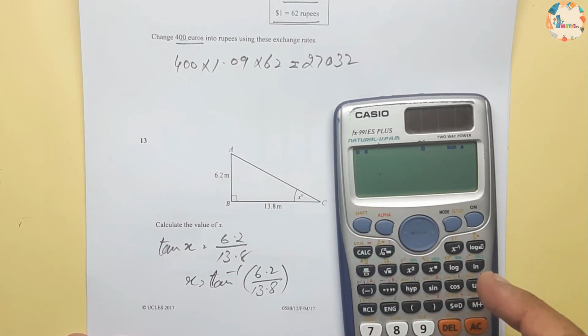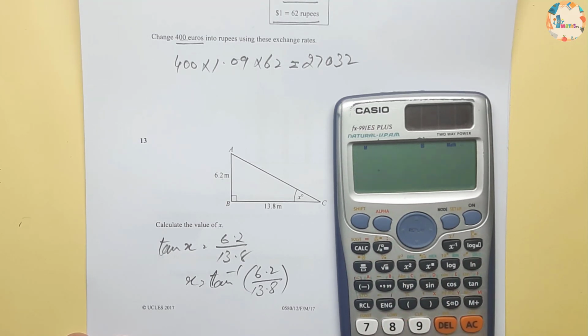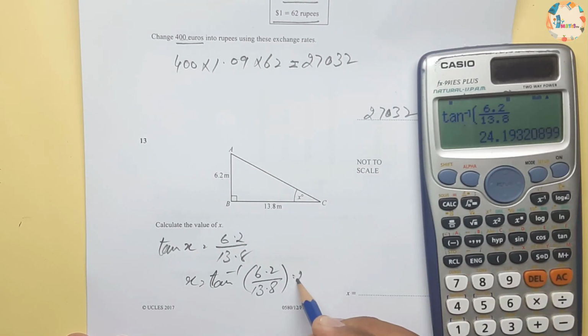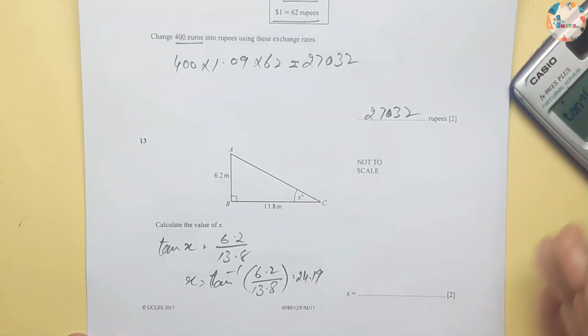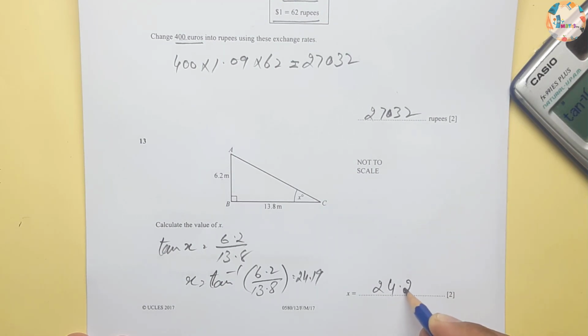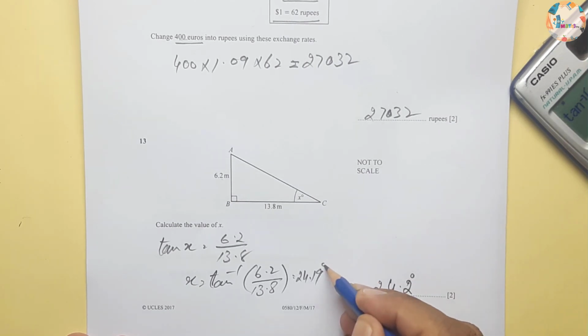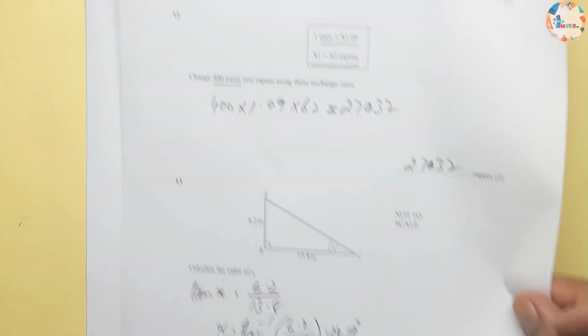So tan inverse of 6.2 divided by 13.8, this will be equal to 24.19, which is approximately equal to 24.2 degrees. This will be our answer.